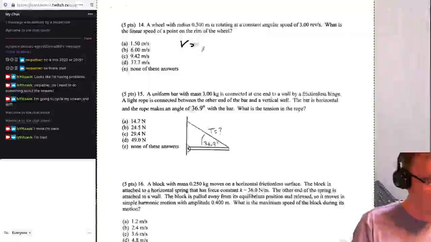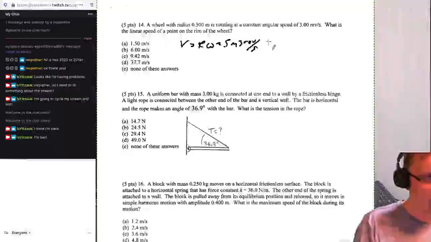Alright, so they want v is equal to r omega. r is 1/2 meter. Omega is 3 revs per second. And you turn that into radians. So there are 2 pi radians per revolution.